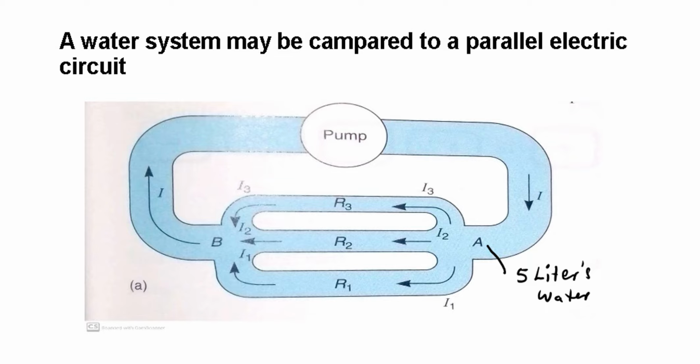When you add up R1, R2, and R3, you get back the 5 liters, and it is this 5 liters that flows out from B. Do you understand that now?